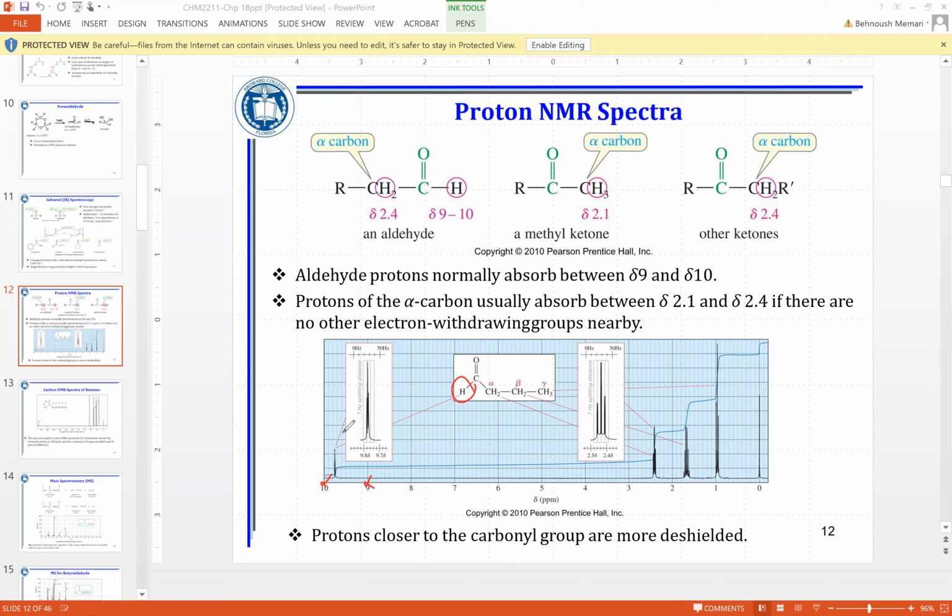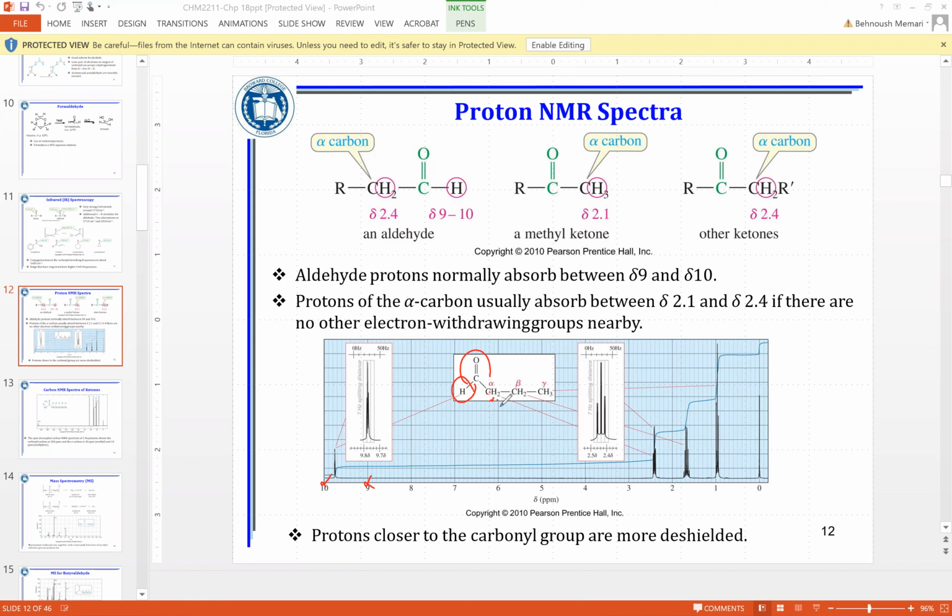Alpha hydrogen, we're going to learn about alpha hydrogen as a whole chapter if we have time this semester. The carbon adjacent to the CO double bond is known as the alpha carbon, and the hydrogen attached to the alpha carbon is known as alpha hydrogen.